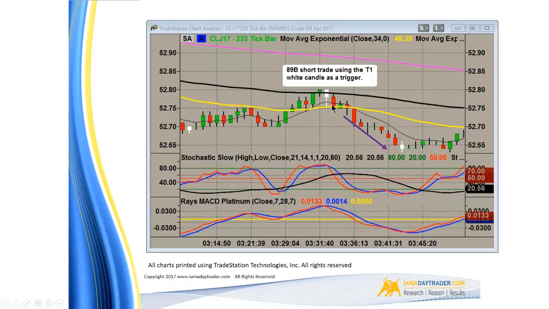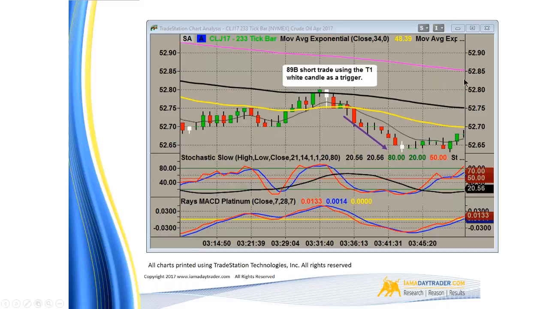No. So that T1 candle is still not white. We now have a one tick underneath. Now the white candle will appear. Once we see that the T1 candle is now white, which means we have at least price movement in the direction of the bearish trend, now is when we execute and sell.